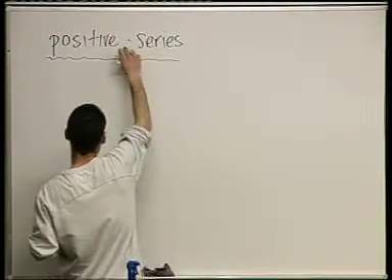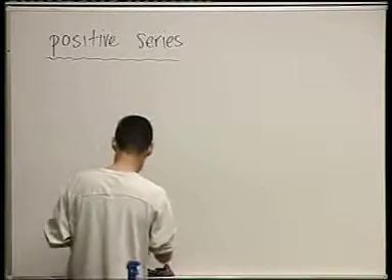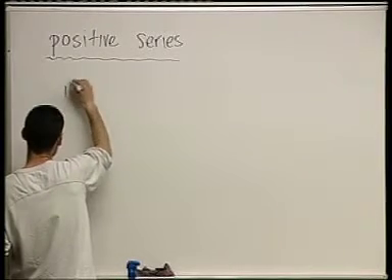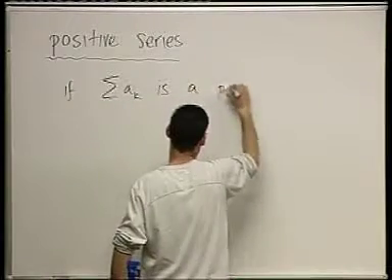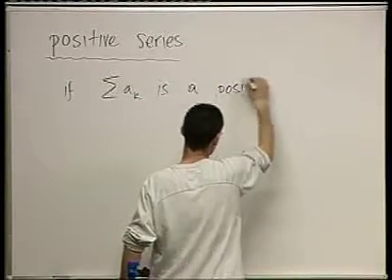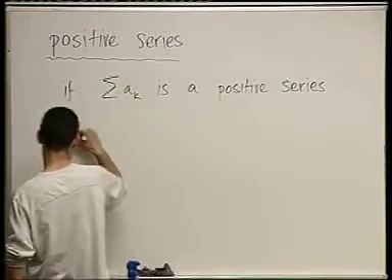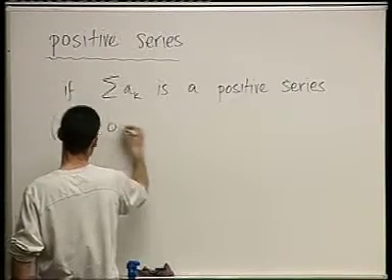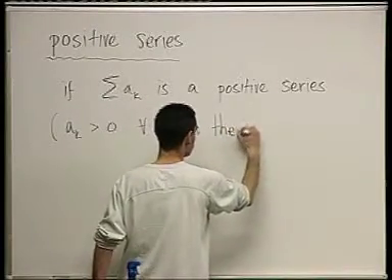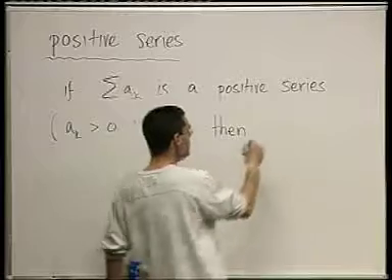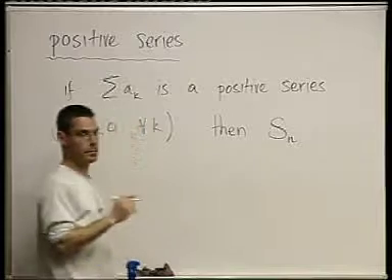And why do these have more theorems related to them? What's nice about them? So the answer is, if sigma ak is a positive series, meaning that ak is greater than 0 for every k, then what can you say about Sn, the sequence of the partial sums?